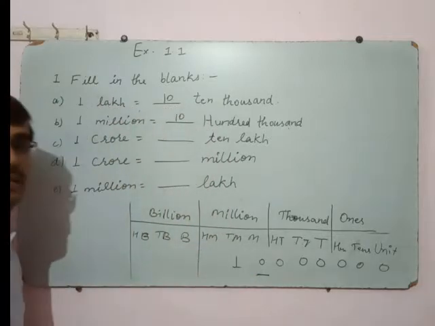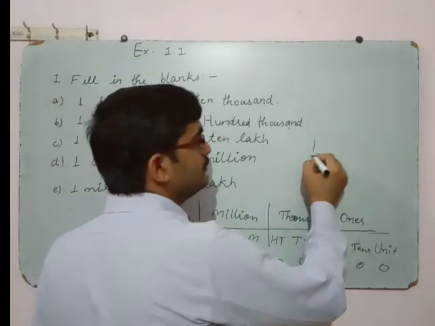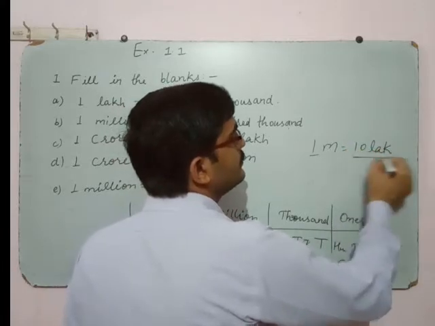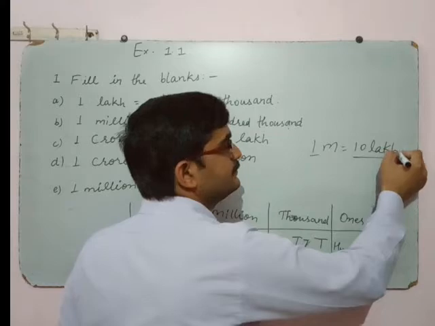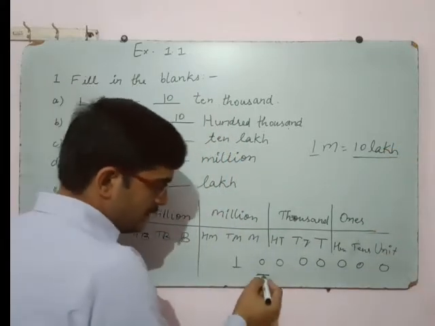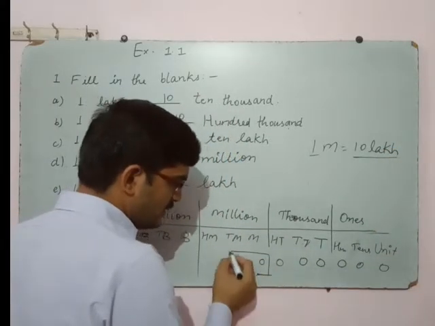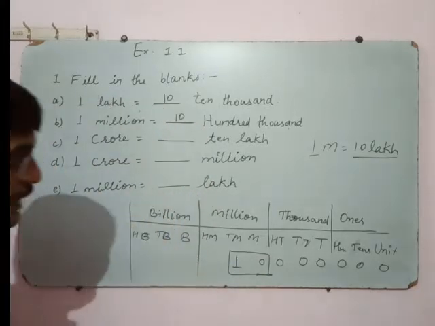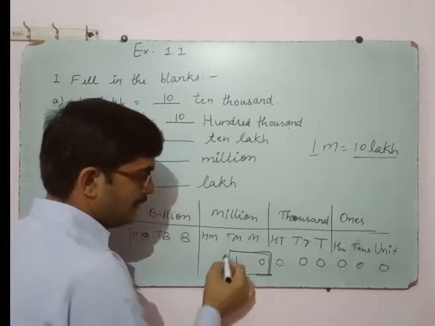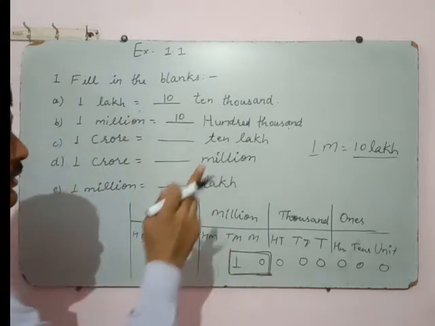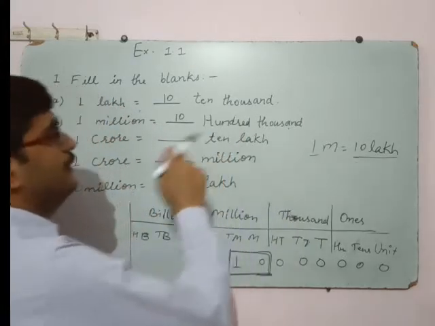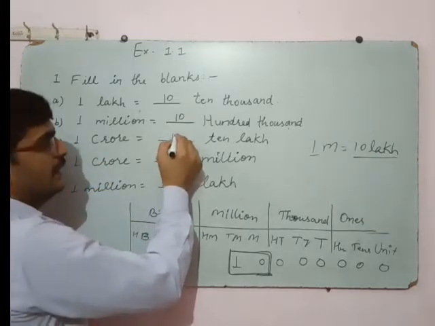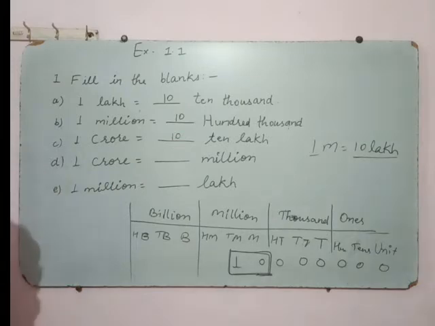This is the 10 lakh place. 1 million equal to 10 lakh. How many 10 lakh are there? 10. It means 10 lakh makes 1 crore. 1 crore के अंदर कितने lakh होंगे? 10 lakh होंगे 10.